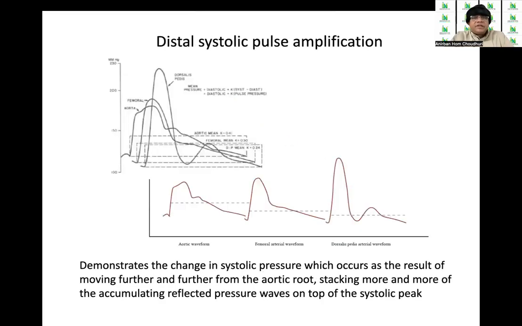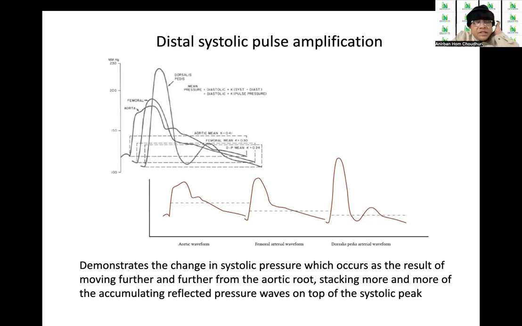Next is the distal systolic pulse amplification. You can see that these are the different tracings from different arteries located at variable distances from the heart. First the aortic waveform, which is the central artery, then the femoral arterial waveform, which is distant from the heart, and then the dorsalis pedis arterial waveform, which is at the extremities, most distal from the heart.